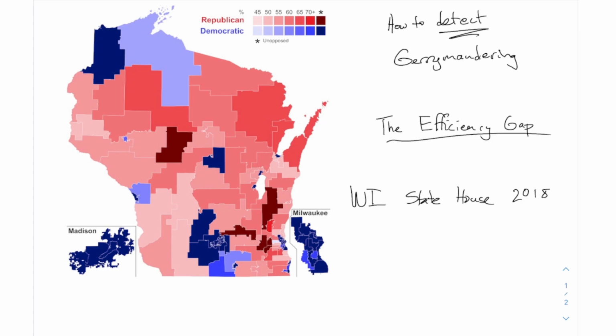What you want to notice when you look at this picture: the red zones are regions where the Republicans won, and the blue zones are where the Democrats won. And you can see some unsurprising things. Most of the red zones are giant, geographically speaking, very large, and most of the blue areas are smaller. That's because, as we all know, the Democrats tend to win in the cities and the Republicans tend to win in the country. This is just the way it is in American politics.